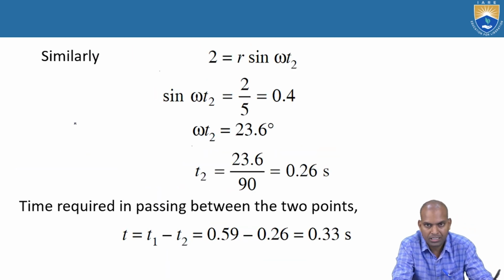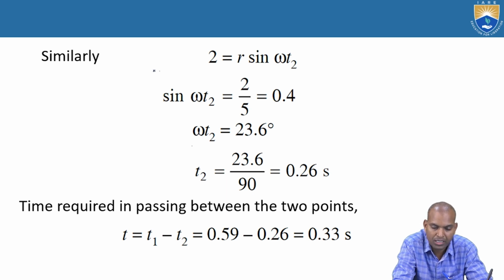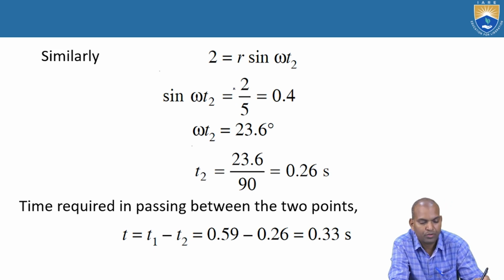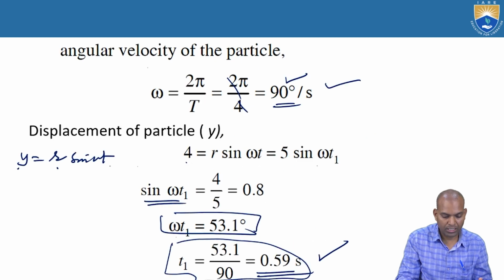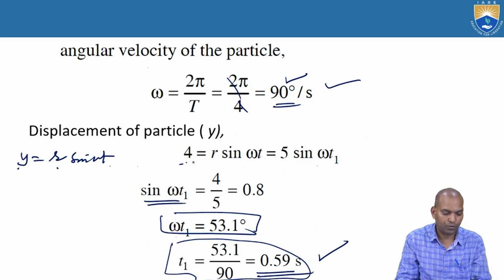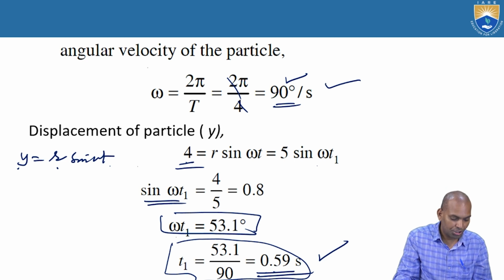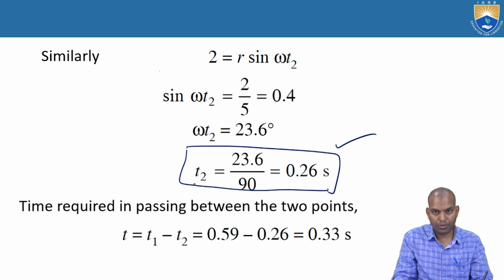Now similarly, the second equation, y equals R times sin omega t2, that is 2 equals R times sin omega t2. With R as 5, sin omega t2 is 2 by 5, which equals 0.4. From that, t2 equals 0.26 seconds. So there are two things: t1 at a distance of 4 meters is 0.59 seconds, and t2 at a distance of 2 meters is 0.26 seconds.